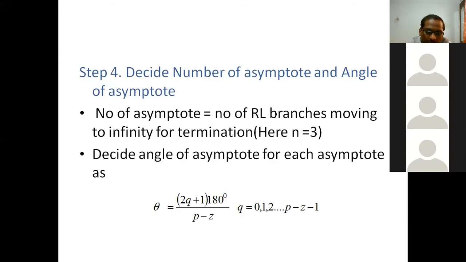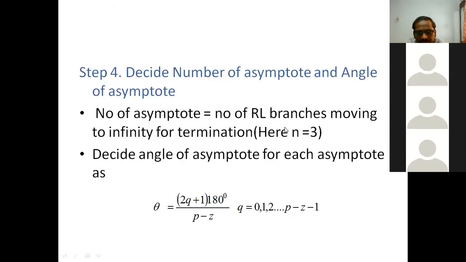From that point, you draw the straight line at an angle called the angle of asymptote. The angle of asymptote is decided by the formula theta is equal to (2q plus 1) into 180 degree upon p minus z, where q will vary from 0, 1, 2 till p minus z minus 1.